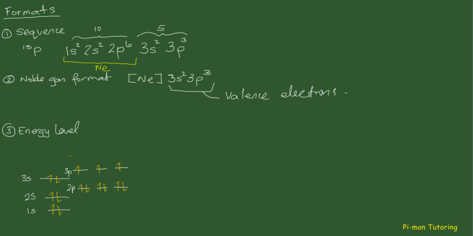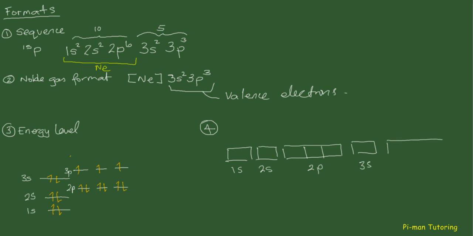Our fourth and final format is to use an orbital diagram. So this simply shows the orbitals as boxes. This would be 1s, 2s, 2p with its 3 suborbitals, 3s, and 3p.